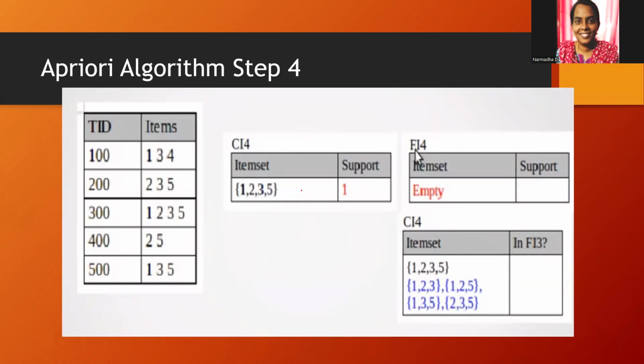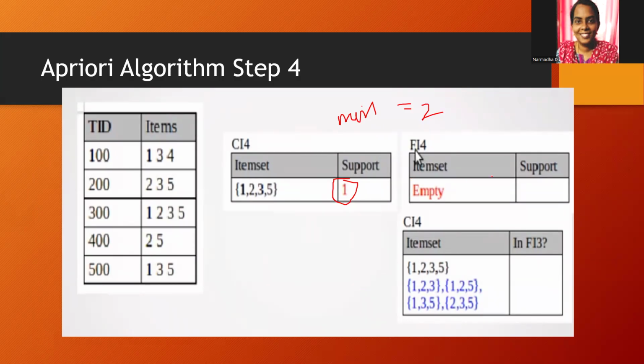What is the support count? It is just 1. This value is less than the minimum support, which is equal to 2, so this becomes empty. The minimum support value given in this problem is 2. So from this candidate 4 item set, we are not able to generate the frequent 4 item set.